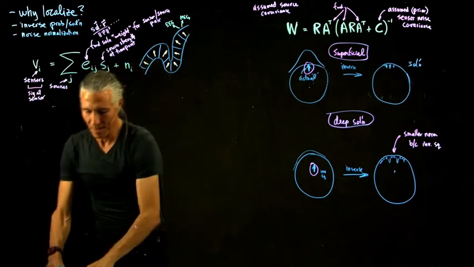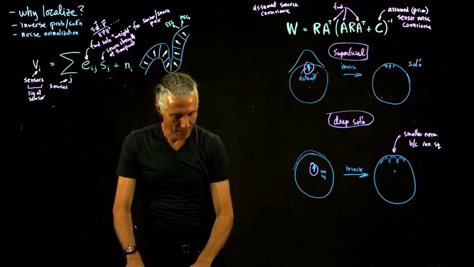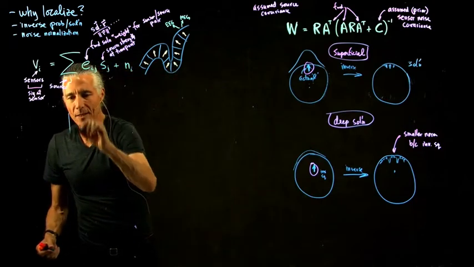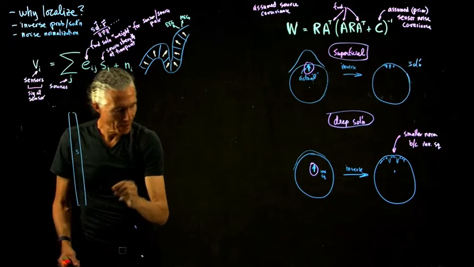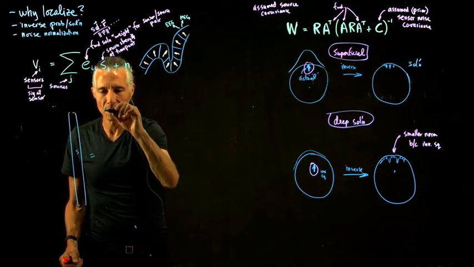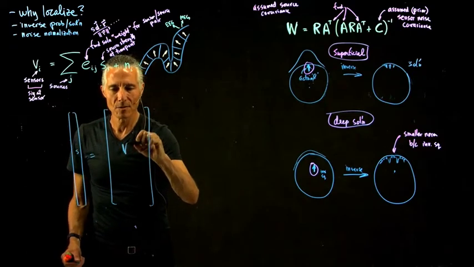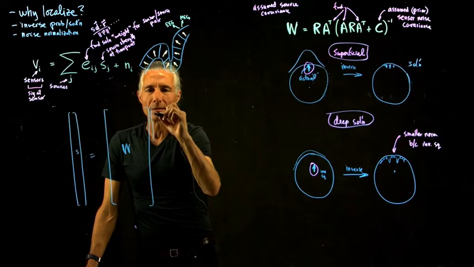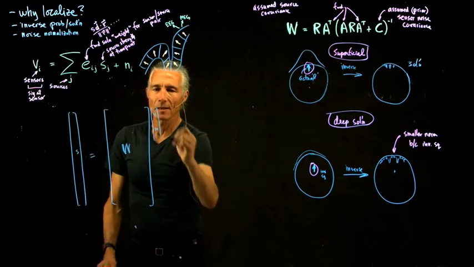Let's put the inverse one back up again. So here's the sources, and sources equals our inverse matrix, W, times our data, V and M. So this is a time point.